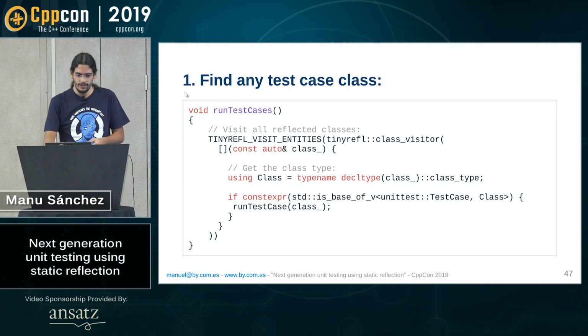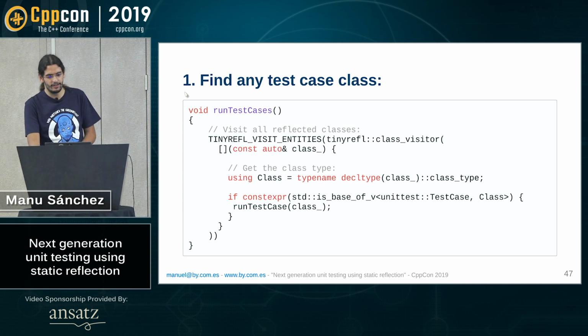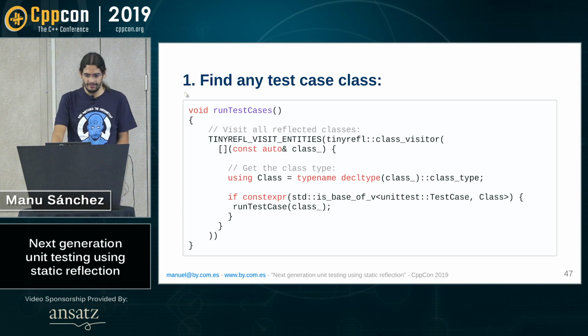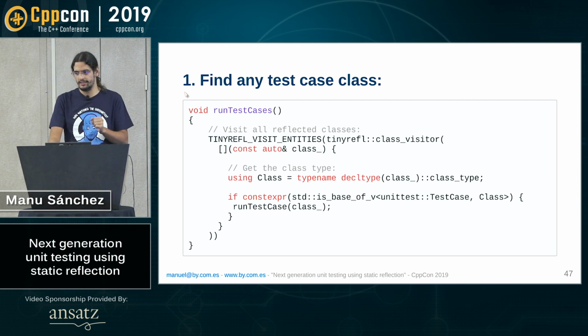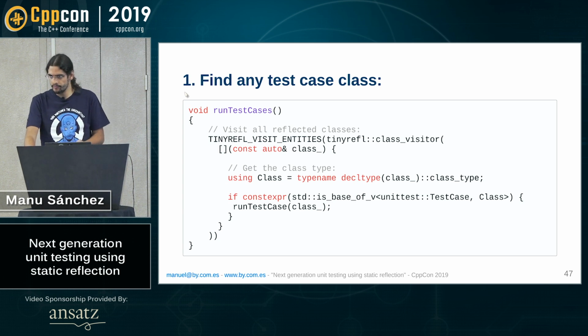So you visit all the entities reflected in the translation unit, you get only the classes, and then check if that class inherits from our test case class. If that's the case, you run the test case discovery function. Okay?